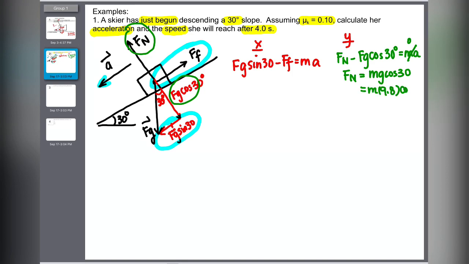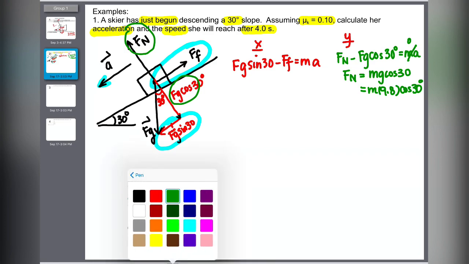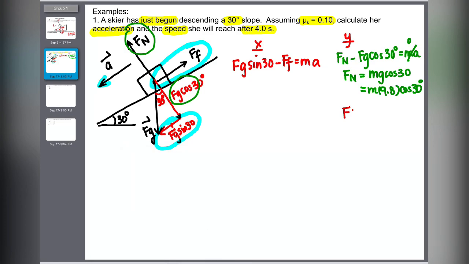I don't have mass, but I have everything else. g cos of 30. So I'm going to sub this into the Ff equation. I know the equation for Ff is mu Fn, so I'm just going to write this out. So mu times Fn, which is m times 9.8 times cos of 30.